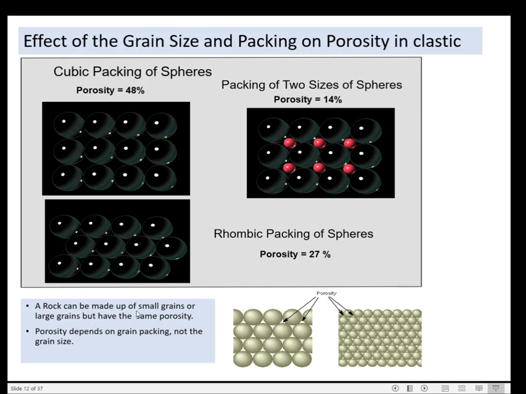For example, here this one is made of small grains, and these are big grains, but both of them have the same packing. In this case, you will see both of them have the same porosity, not different porosity. So the porosity change here is due to the packing, not due to the grain size. I will explain this point with an example in the second slide.